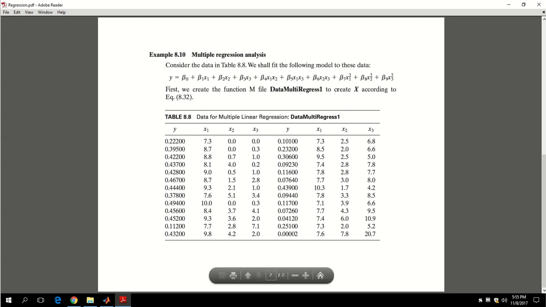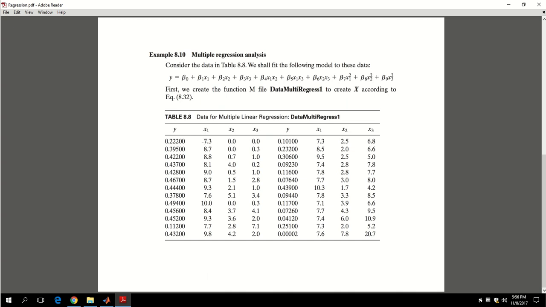So how many data points do we have? It's still 1, 2, 3, 4, 5, 6, 7, 8, 9, 10, 11, 12, 13. So 26 data points, right? And every data point is actually a 4-dimensional data point. So it's got three independent axes, x1, x2, and x3.